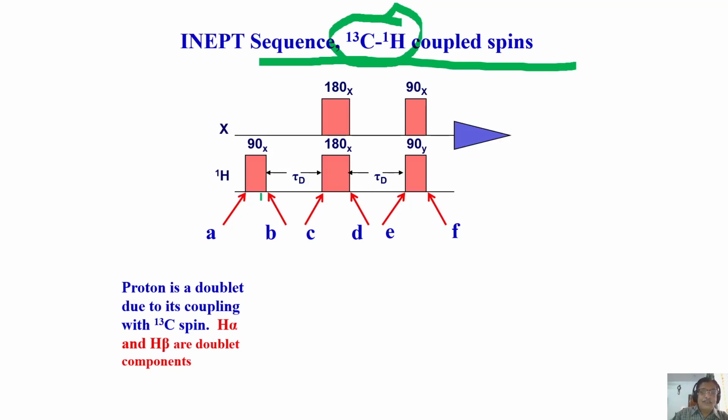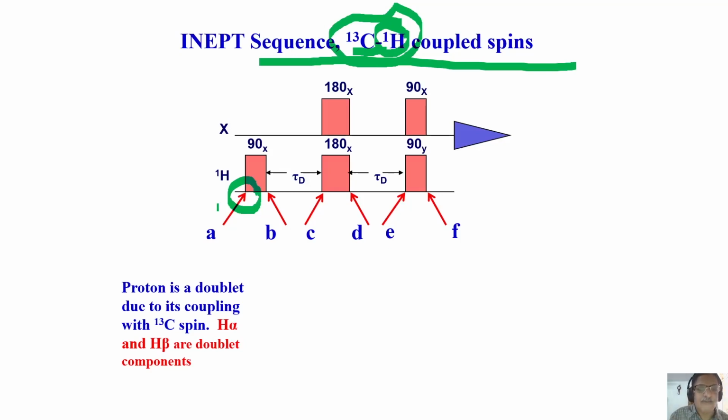Let us start with A. At point A, what is happening to the proton magnetization? Remember, the proton is coupled to carbon, so it is a doublet. There are two components, alpha and beta. Both are aligned along the z-axis in thermal equilibrium. There is no difference at all; just thermal equilibrium, with the magnetization split into a doublet because of carbon-13.